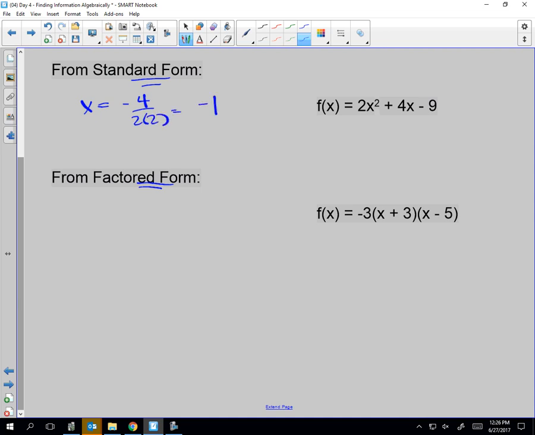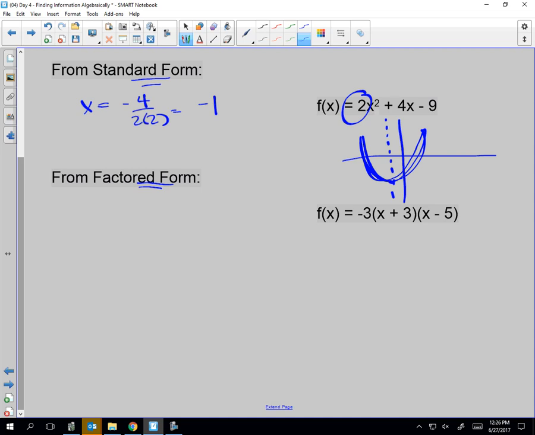So we get a -1 for our axis of symmetry. Now, if I show you the picture of this graph, I don't know exactly what it looks like, but somewhere in here, we've got our axis of symmetry at -1. Since this graph is positive, we know that it's face up, so it looks something like this.